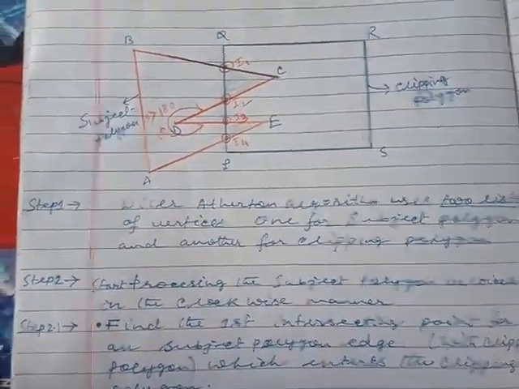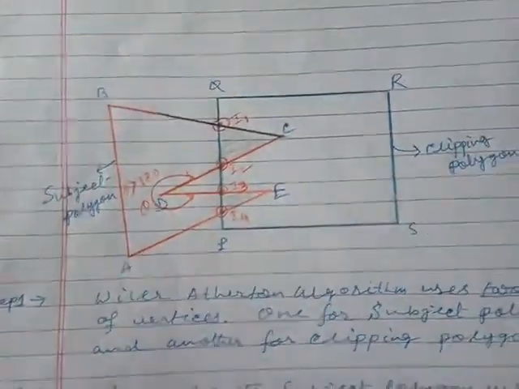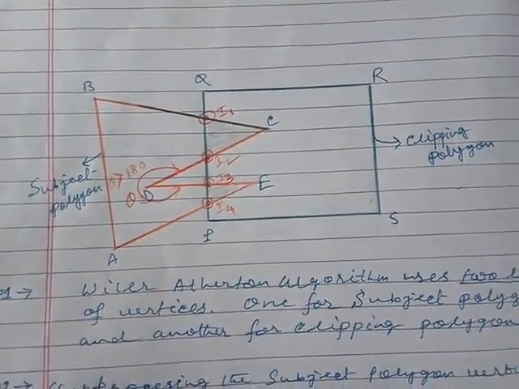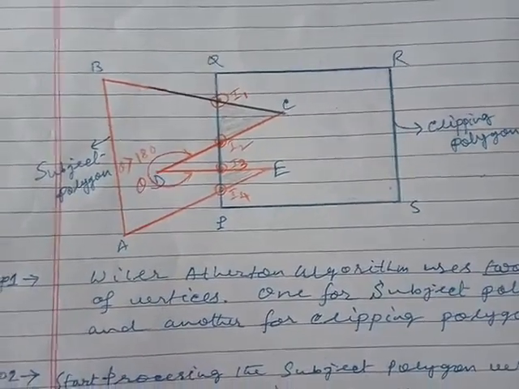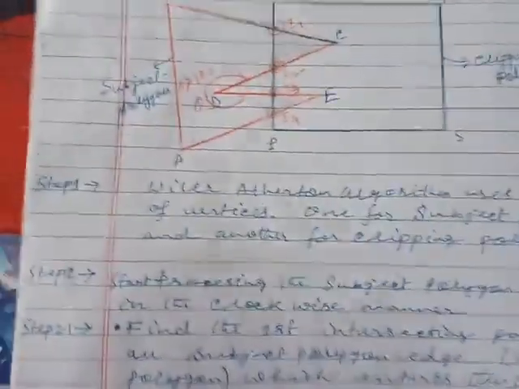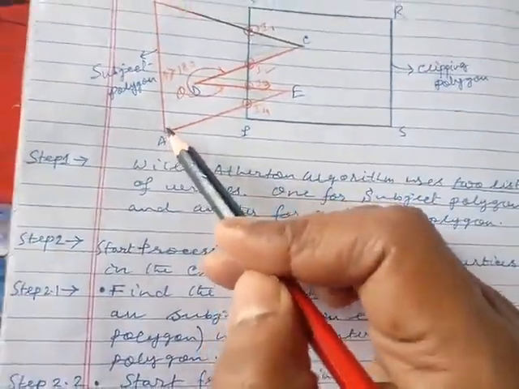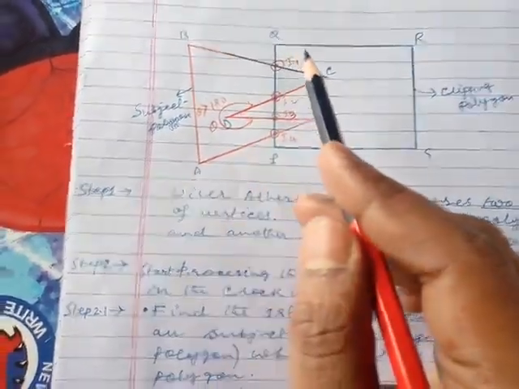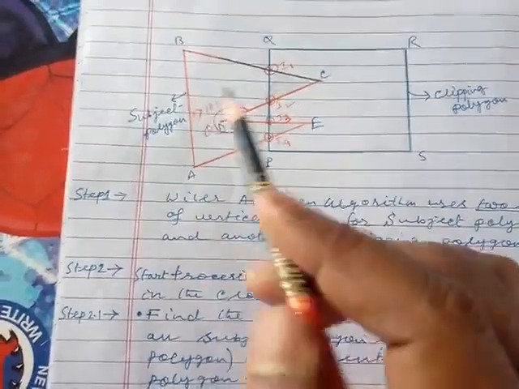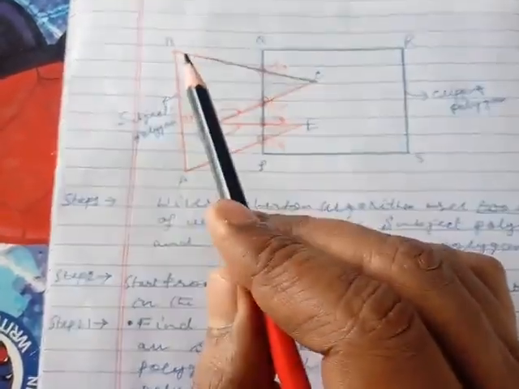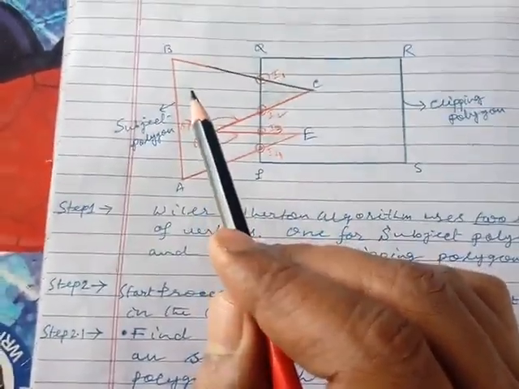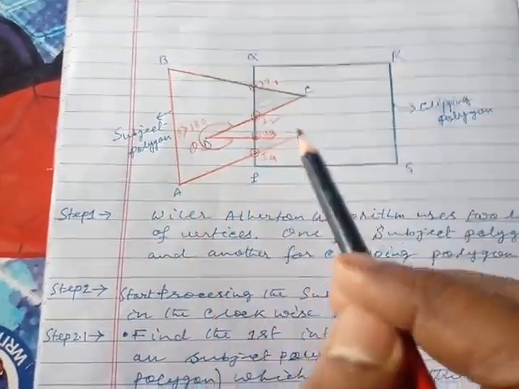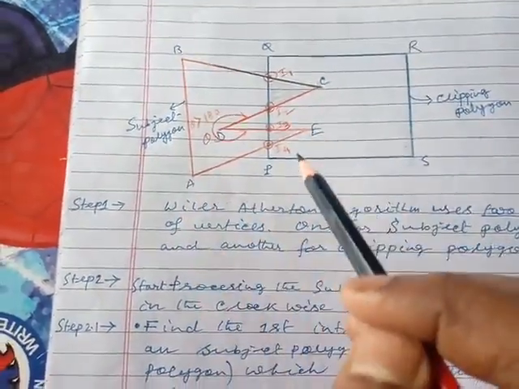The list of the subject polygon, as you can see in this figure, will be generated by considering a starting point. Let's say A is my starting point, and considering A as the starting point, we will follow the edges of the subject polygon in order, and we will list the vertices of the subject polygon as we proceed in the clockwise direction.